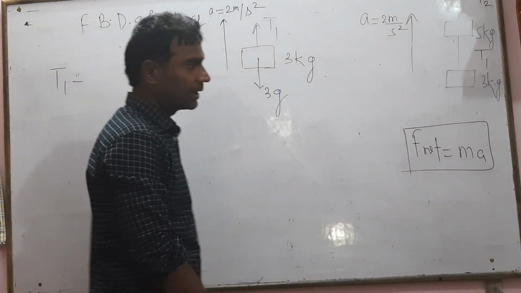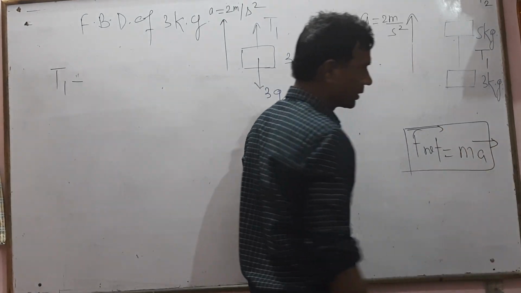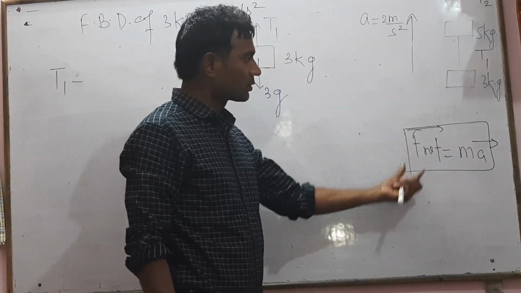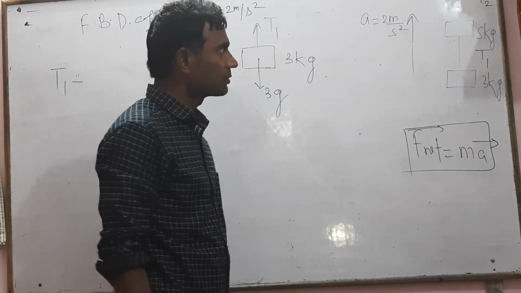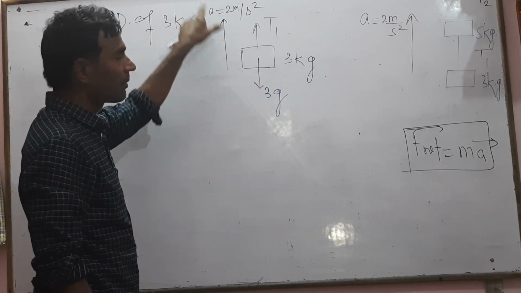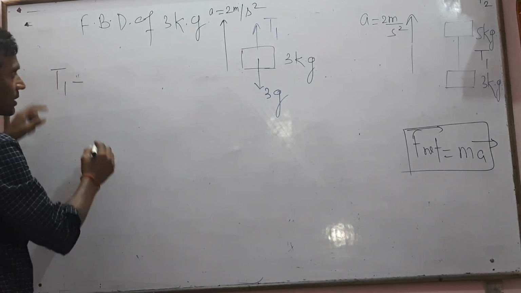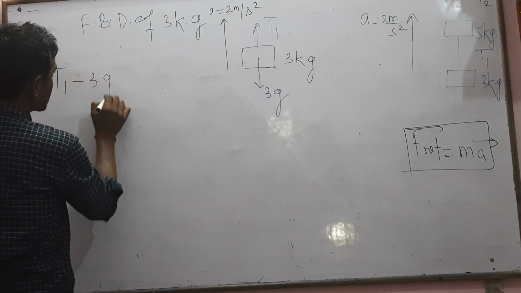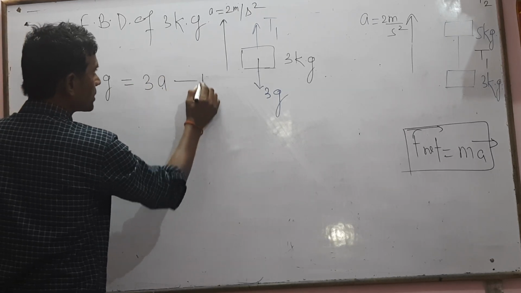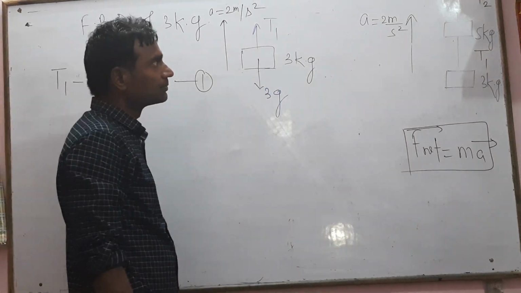Because F net equal to m into a, taking upward direction positive, we can say T1 minus 3g equal to 3 into a. This is the FBD of 3 kg.